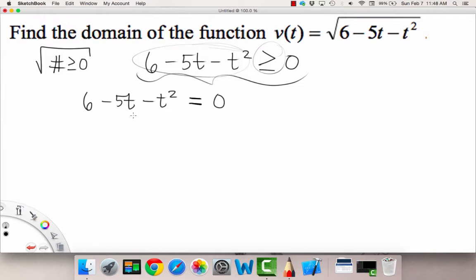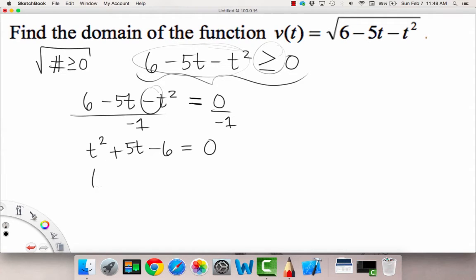If we look at this, first of all we can divide on both sides by -1, just to remove the -1 in front of the t squared. If we rewrite this and switch around the order a little, we have t squared plus 5t minus 6 equals 0 still. That's the great thing about 0: whenever you divide it by any other number, it's still 0, right?